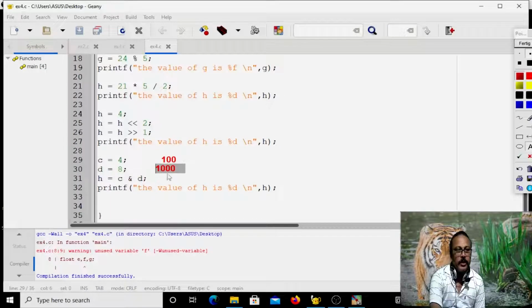So for the bitwise AND, the bits will be 1 0 0. 0 0 is 0, 0 0 is 0, 1 0 is 0. If nothing is there, it means there is 0 there also. So 0 1 is 0. So all zeros. That's why you are getting the output as 0 only. You might have observed it.